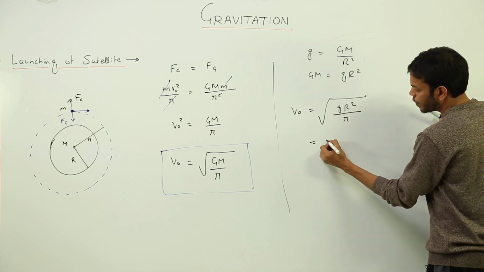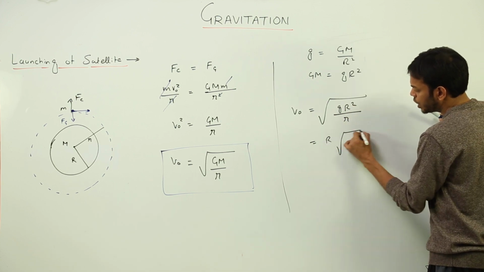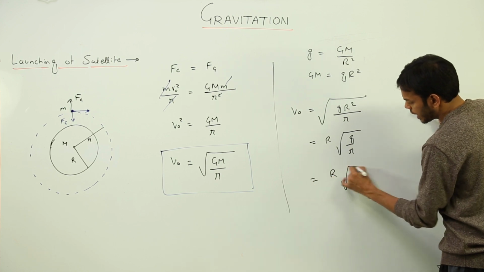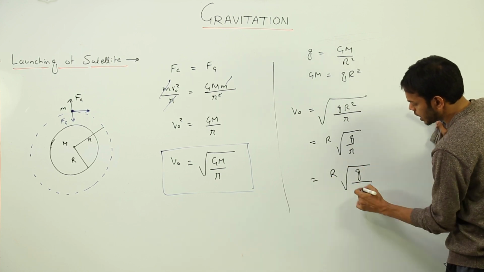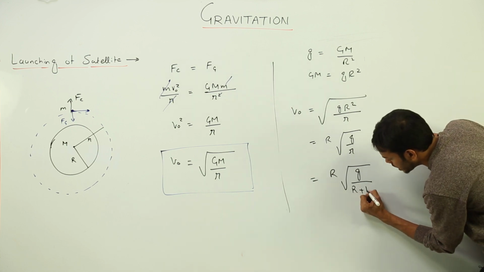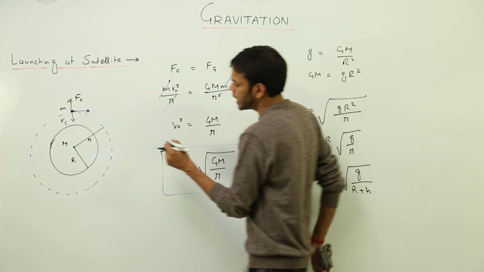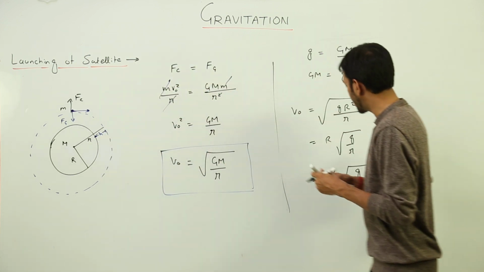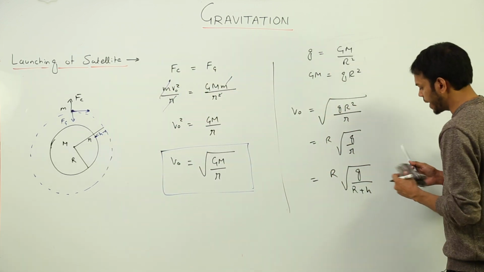One R goes out of the root. I am left with g R over r, or R times g upon, what is this r? This is the radius plus the height. Basically this is the height at which the orbit is revolving around, the satellite is revolving around the planet.